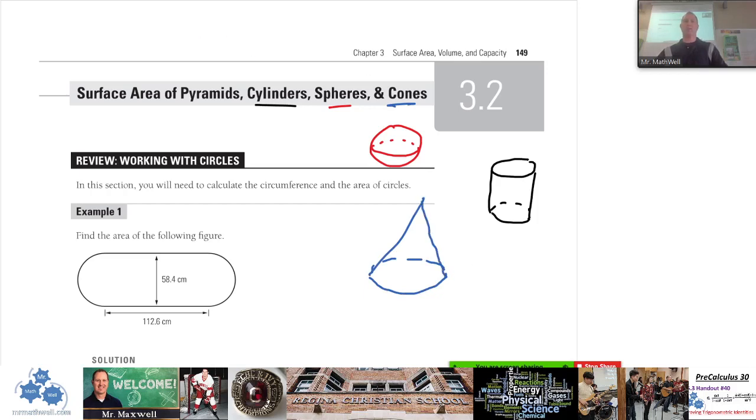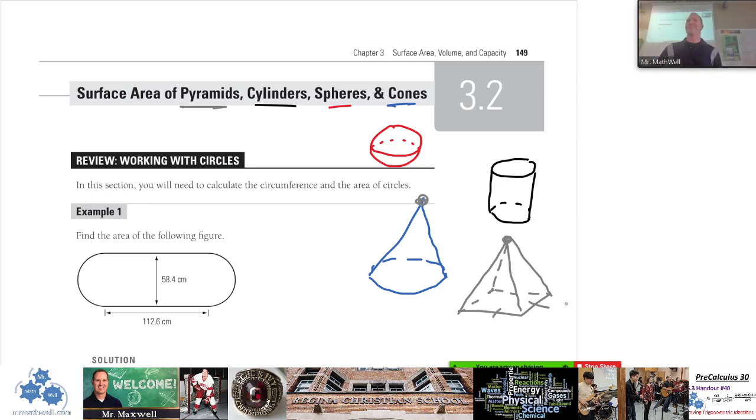And I kind of skipped over the pyramids there as well, but the pyramids have some kind of shape on the bottom, and that shape could be any one of things. But it's different than a prism in that the top and the bottom are not the same. The top is always a point in a pyramid or a cone. The top is always a point, or the bottom, one of the ends. And then you have some kind of shape on the other end. So this would be a square bottom pyramid, let's say.